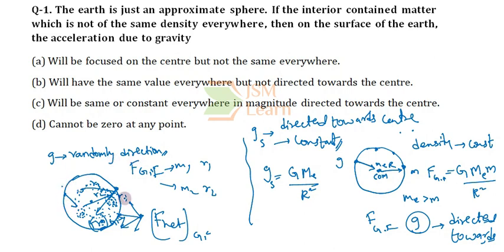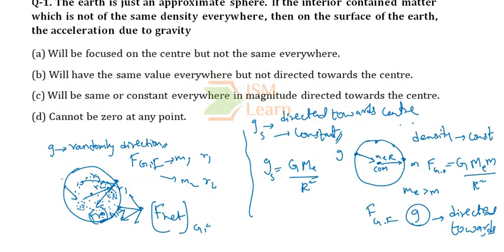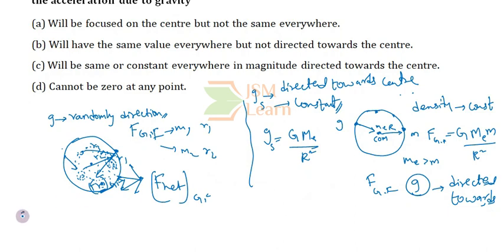Coming to the magnitude, we know that g on the surface is given by g = GM/r². When I calculate g due to the mass m1, it will be Gm1/r1² plus Gm2/r2². So the value of g I get here will not be equal to the value of g at another point.